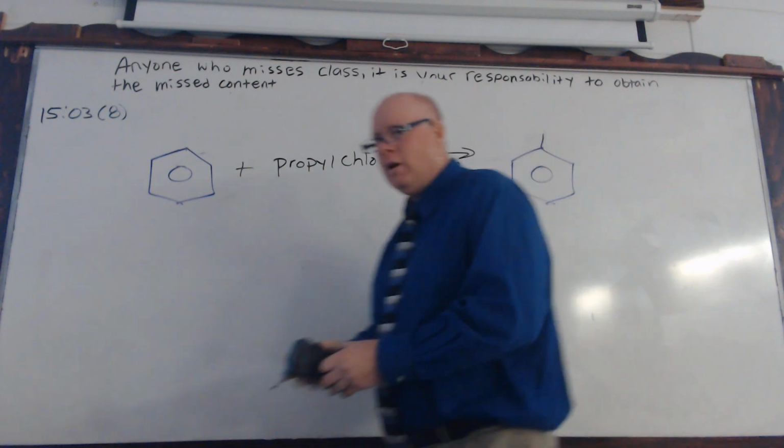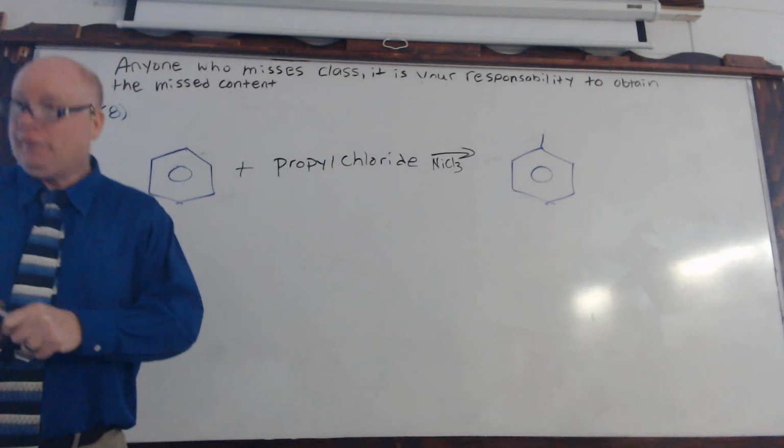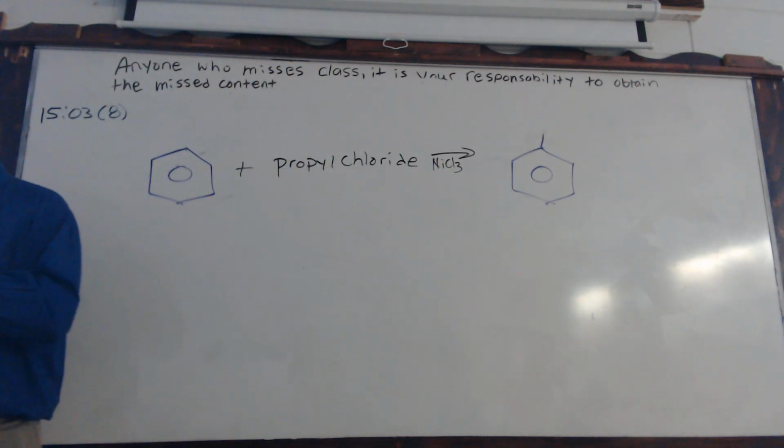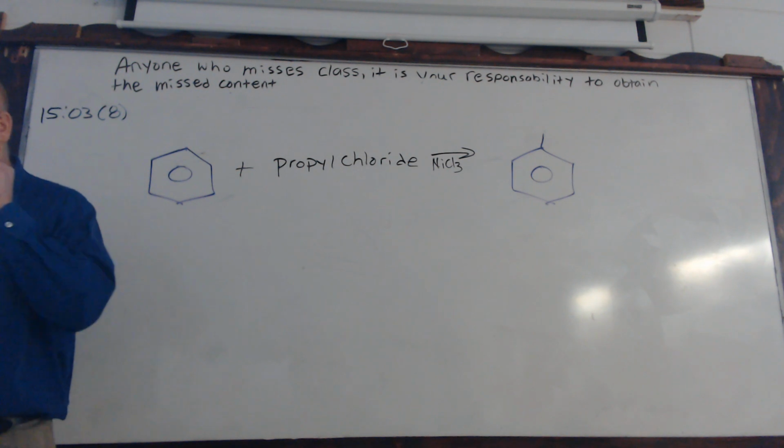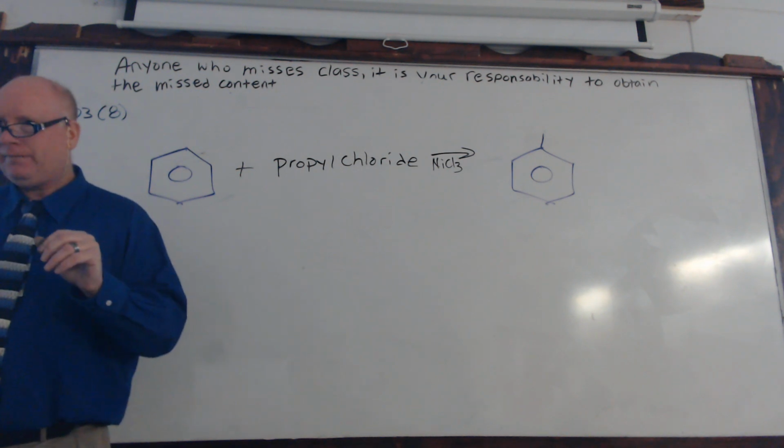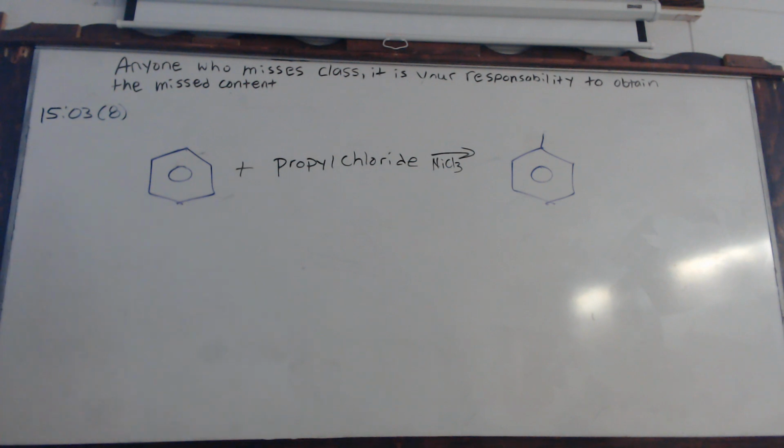So what I want you to look at here, first of all, are you starting in the center of your flow chart? Yes. You are correct, but why are you right? Because we don't have anything on here. It's just benzene here.